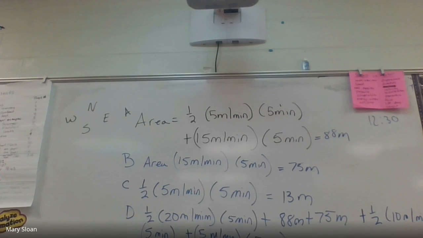So it's a half of 20 times 5 plus 88 plus 75 plus 1/2 of 10 times 5 plus 5 times 5. You have to do every single area. 263. I got it wrong here.